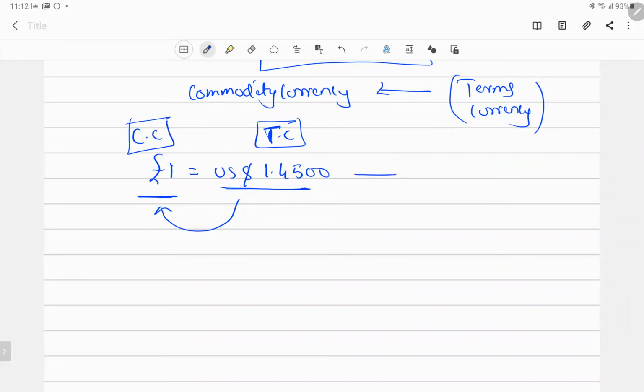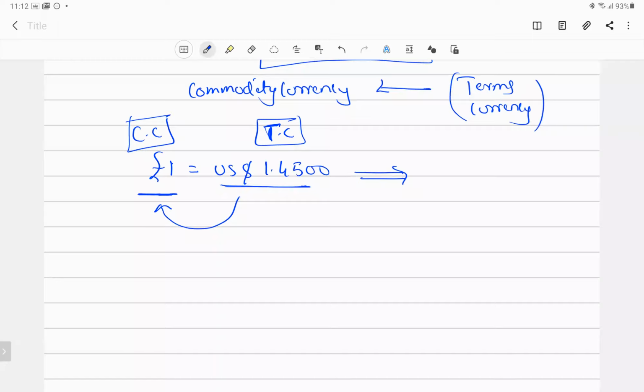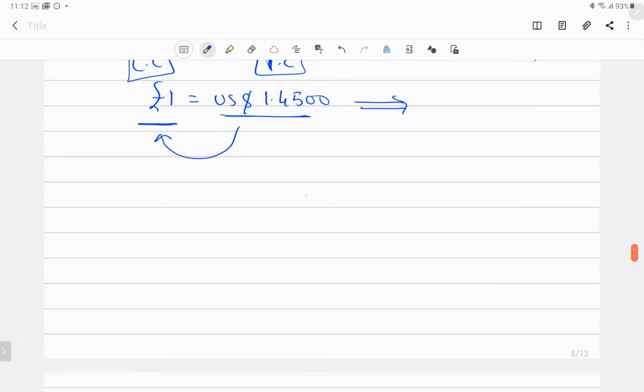See, this is the theoretical aspect that we are getting into, but how will it be given in the market? Normally the exchange rate quotation is given in two currencies. One currency will be in the denominator and one more currency will be given in the numerator.